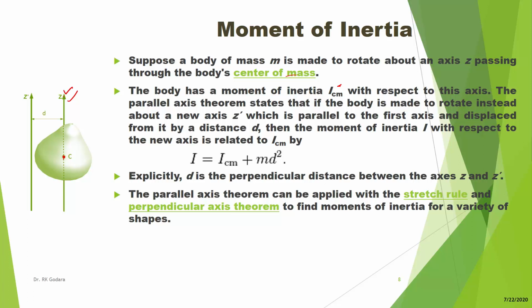The parallel axis theorem states that if we now rotate this object about a new axis z prime, which is parallel to the first axis and displaced from it by a distance d, so this perpendicular distance between both axes is d, then the mass moment of inertia about this new axis will be given by I_CM, the mass moment of inertia about the center of mass about the z axis, plus md². M is the mass of this object and d is the perpendicular distance between both axes.